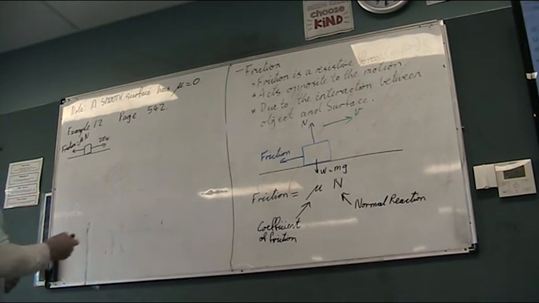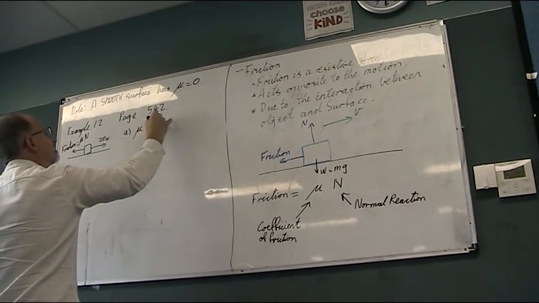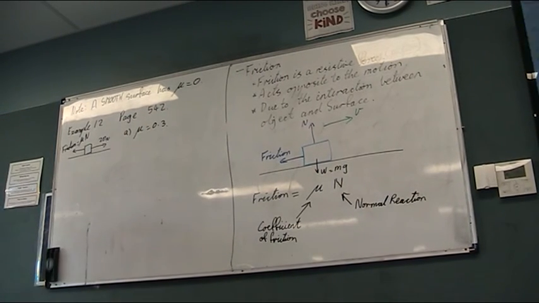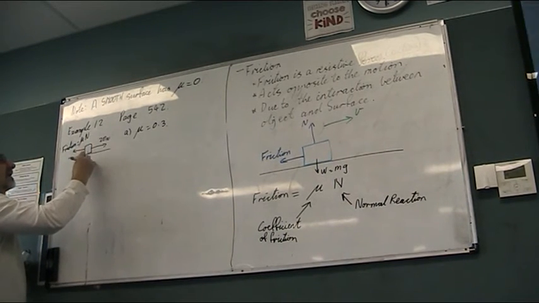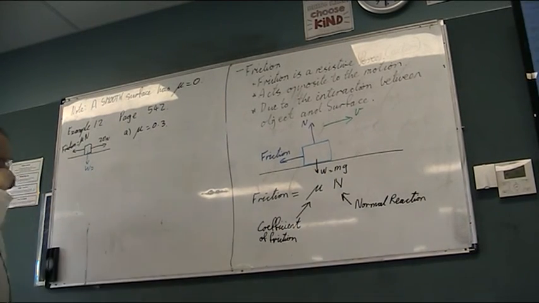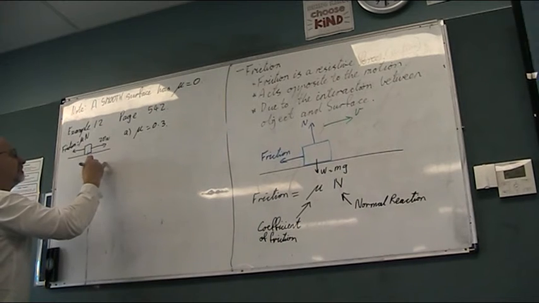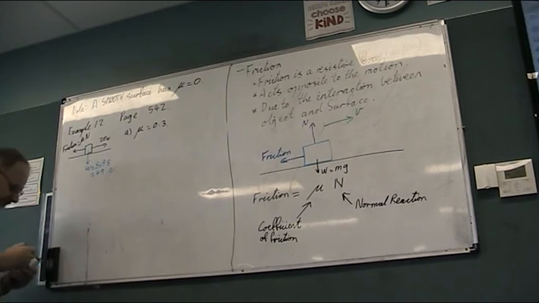All right, so that helps us figure out the friction. So in this case, horizontal, we've got a weight force acting down, which is 5 times 9.8, which is 49 Newtons.